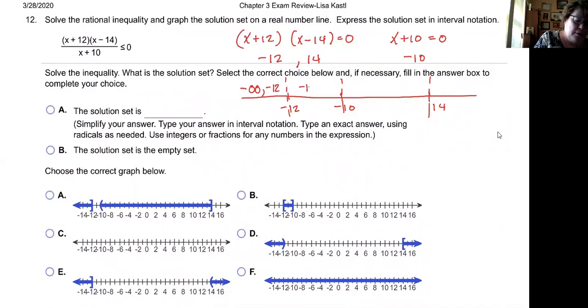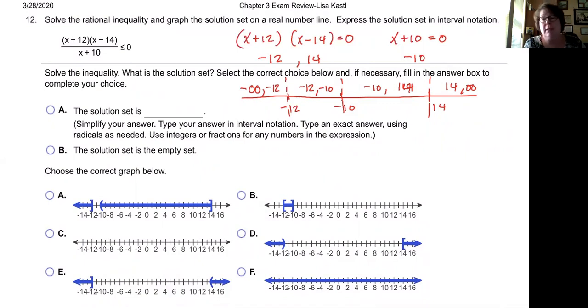From -12 to -10. From -10 to 14. And from 14 to infinity. All right, so brackets or parentheses? Well, it depends.